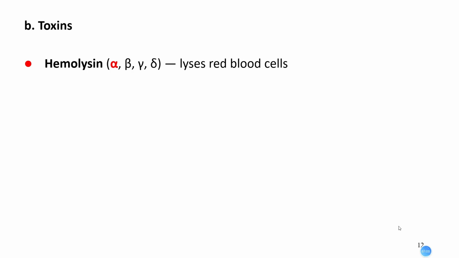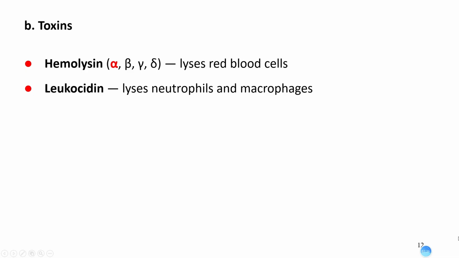Lysin means to lyse the blood cells. So they are able to lyse red blood cells. Okay, the red blood cells contain a lot of elements and nutrients. Once the red blood cell is lysed, the bacteria is able to get their nutrients. So that's hemolysin.